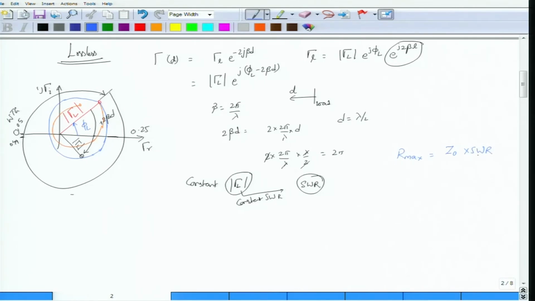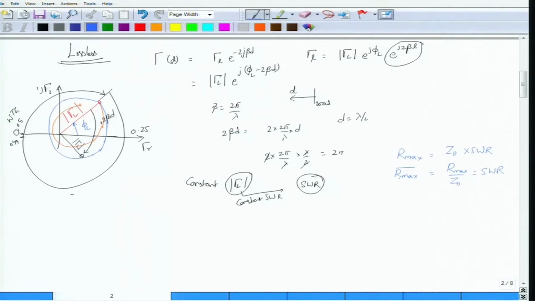Because on the Smith chart all impedances are normalized with respect to Z0, what you would actually find is not R max, rather R max normalized, which I am denoting by writing a bar over it. This would be equal to R max divided by Z0, and you would see that this is nothing but SWR, right?